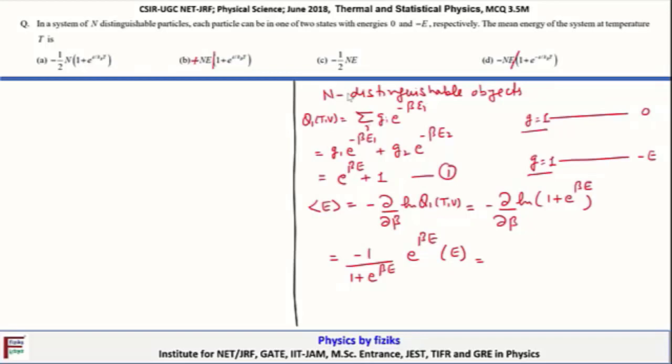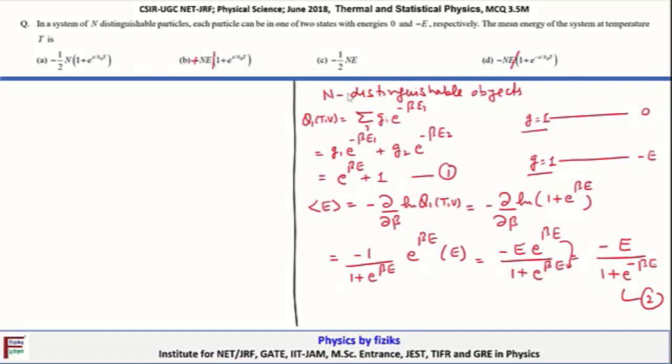This is equal to E e power minus beta E upon 1 plus exponential minus beta E, and in principle this can be rewritten as E divided by 1 plus exponential beta E. So basically we are bringing this exponential factor into the denominator. Now this is the average energy per particle.